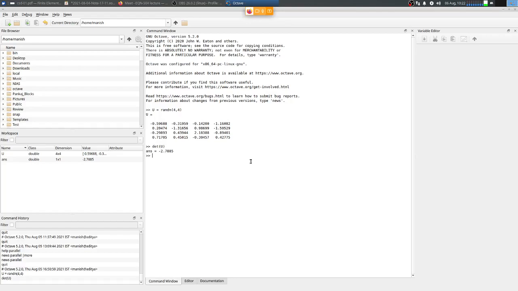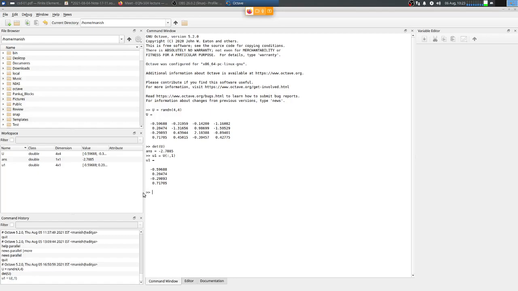Now let's start with extracting the individual columns. So U1, I am extracting; this colon is the wildcard for including all rows, and the second index is of course referring to the first column. So I am extracting the first column of U and storing it in vector U1.